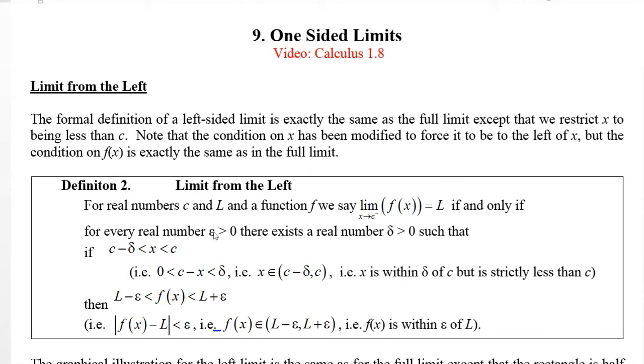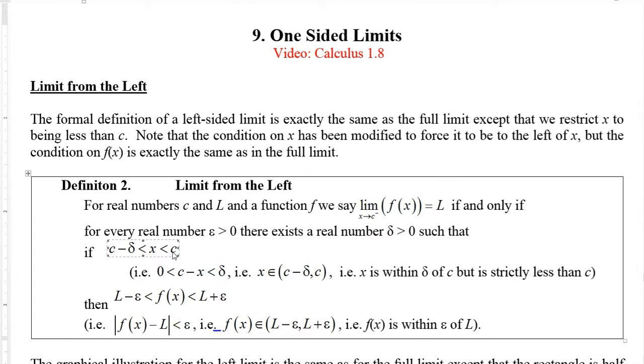So the formal definition of a left-sided limit turns out to be exactly the same as the formal definition of a full-sided limit, except this part right here is changed. In the full limit, x would be from c minus delta up to c plus delta, but x is not c.